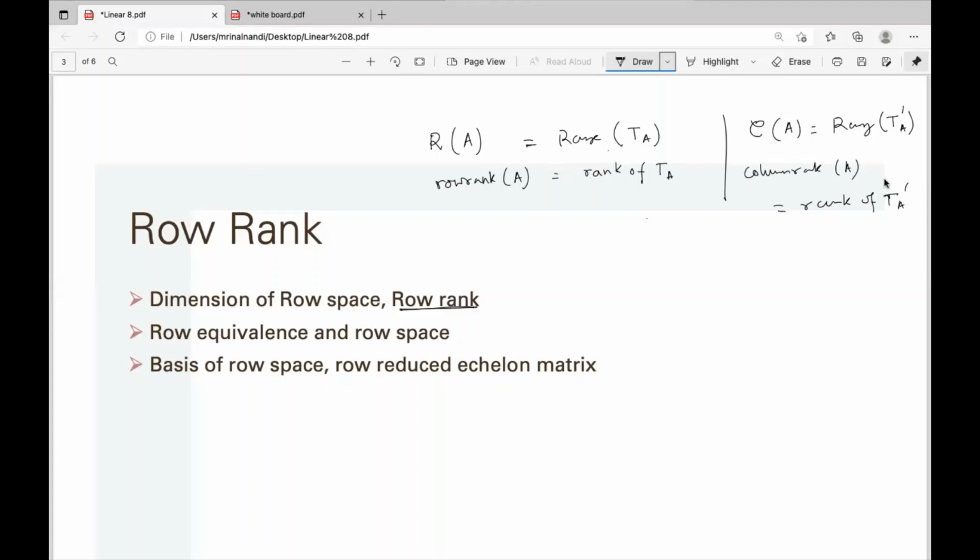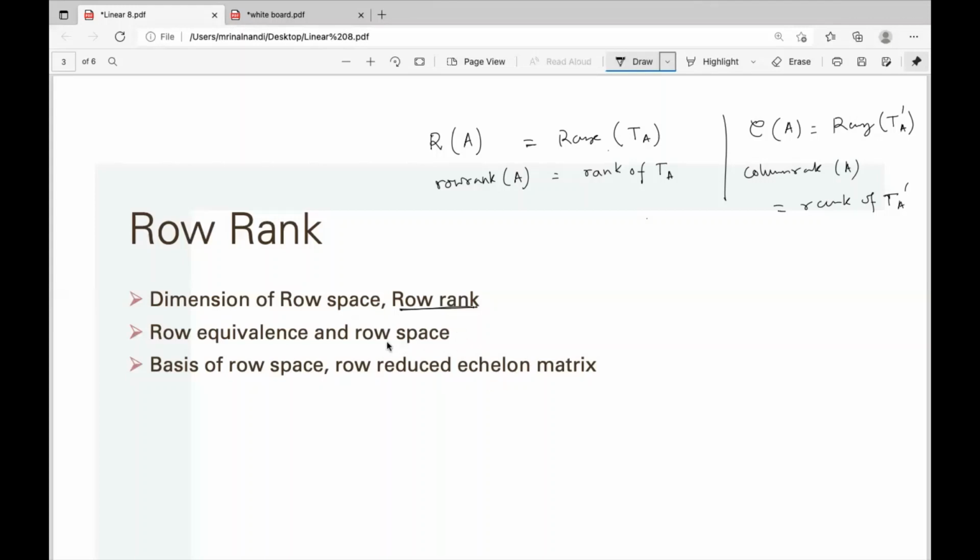That means this matrix has something more than rows and columns, which ties them together. You can think of this matrix as rows with some properties, or as columns with some properties. But when you go to the common thing, this matrix structure has something which leads to the result that row rank is the same as column rank.